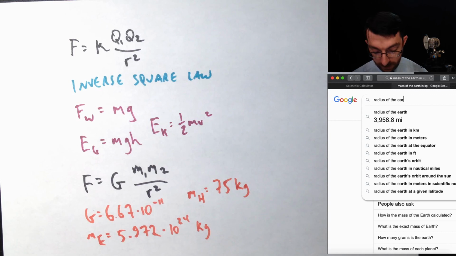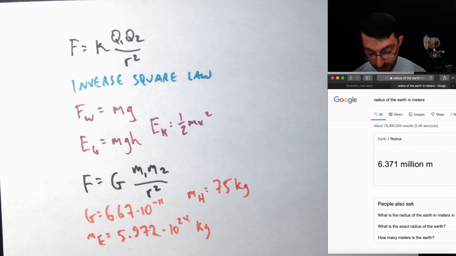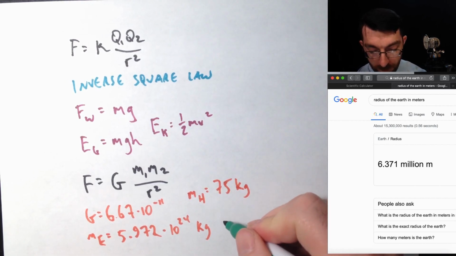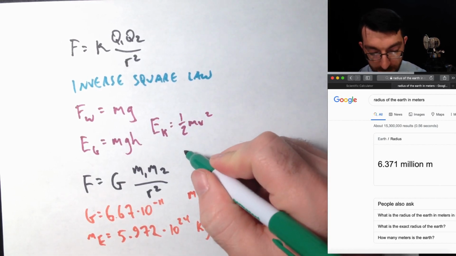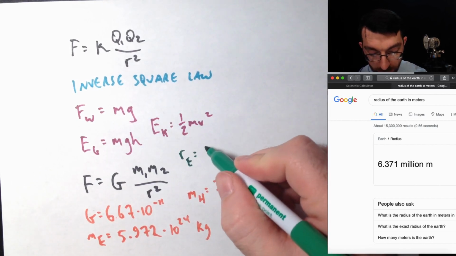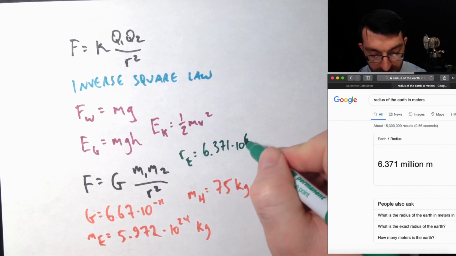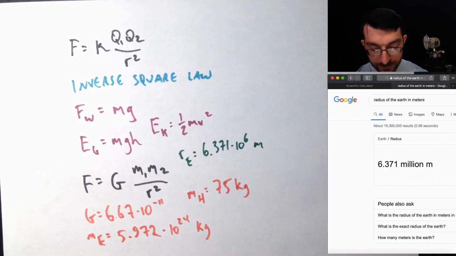Radius of the Earth in meters, 6.371 million. So that's the last little piece of info that we need. The radius of the Earth equals 6.371 million, 6.371 times 10 to the 6 meters.